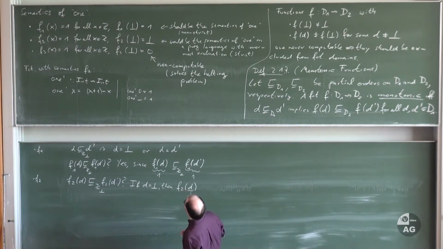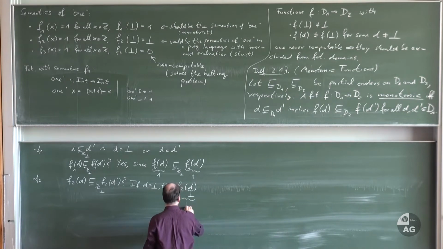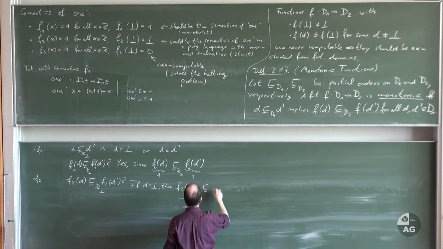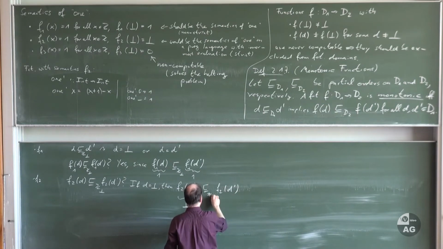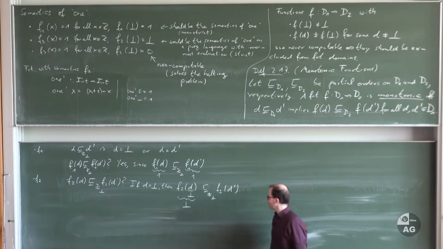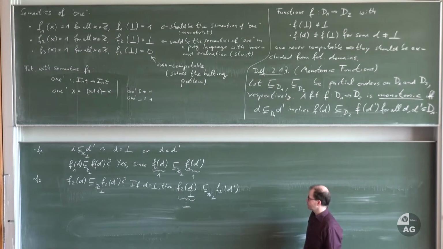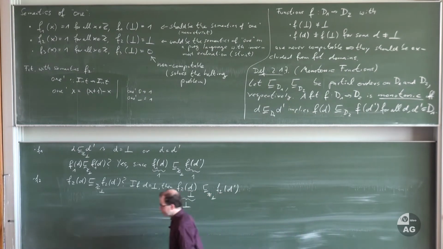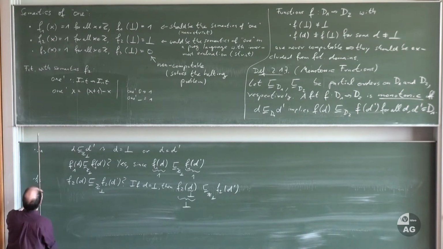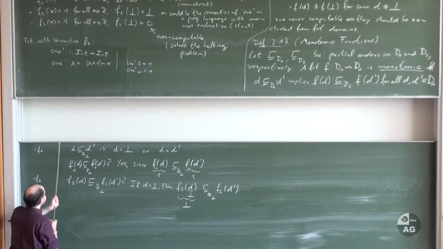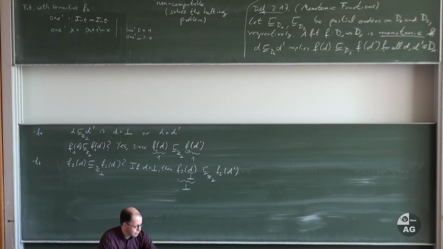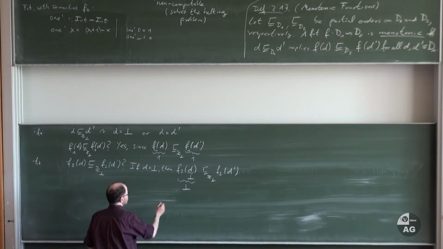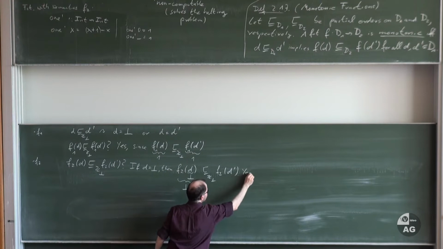And f2 of bottom is bottom. And yes, clearly this is less defined or equal to f2 of d prime because bottom is smaller or equal to anything. And what about f3? Is this also monotonic? So here the answer is yes.